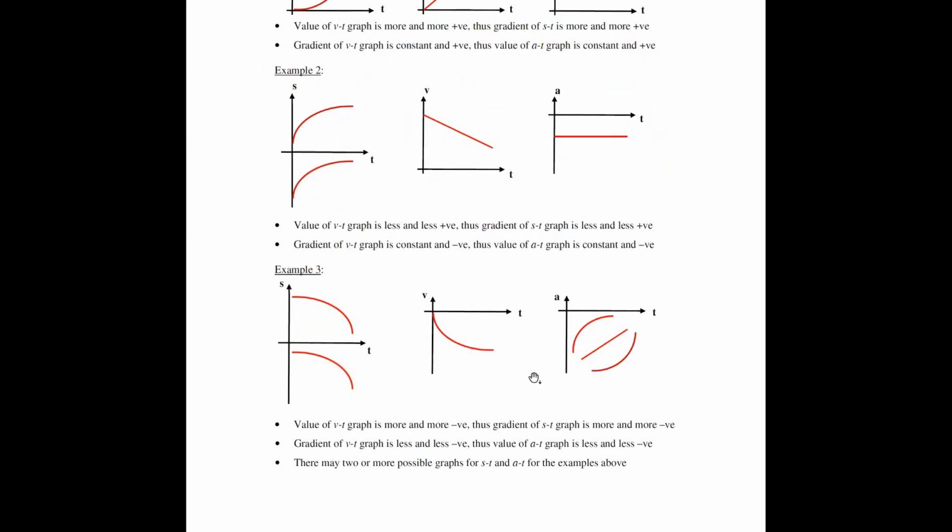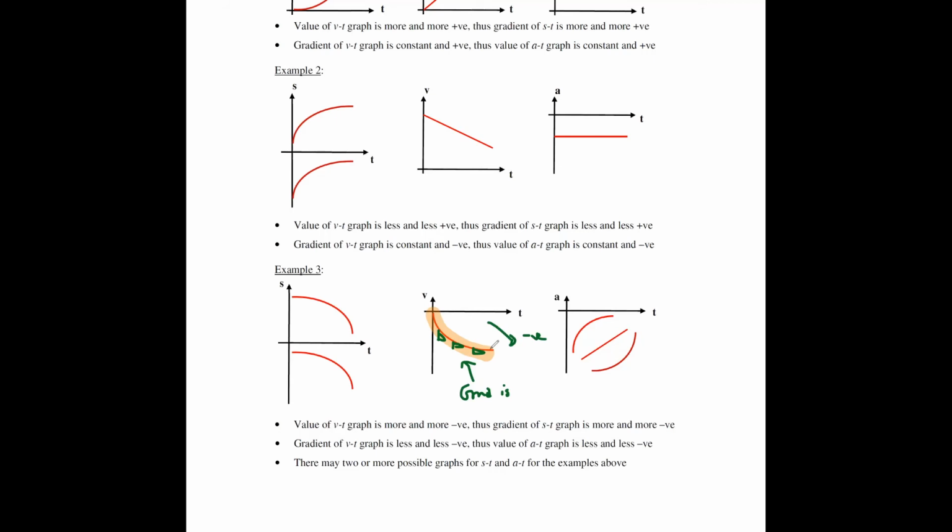Okay, right? Then the last example would be this before we go to one example in your past year. So let me just erase everything. Okay, so let's go through this last one. How would I describe this gradient? It's pointing downwards, so it's negative. So I can say that the gradient is actually becoming less and less negative, isn't it?